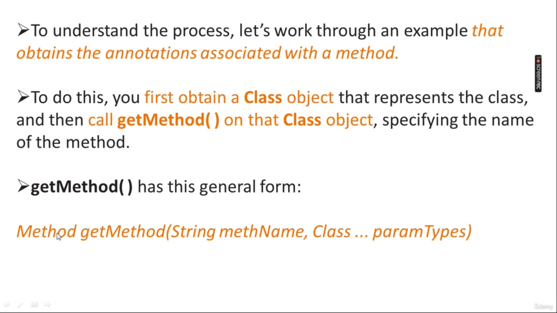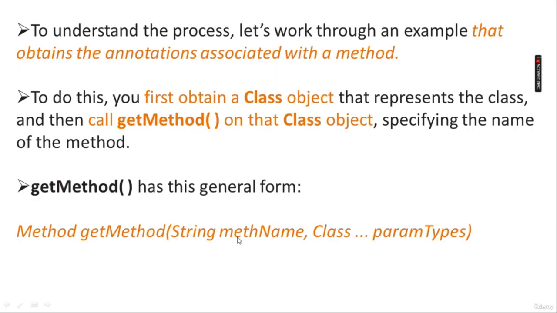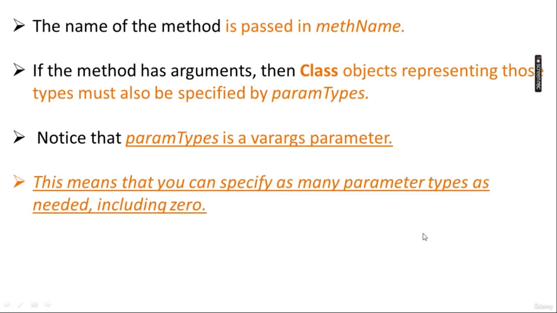Method getMethod, this will return you a Method. Then String methodName, Class... parameterTypes. The name of the method is passed in methodName. So whichever method's details you want to get, you will pass the method name, and you will pass the parameters over here. If the method has arguments, class objects representing those types must also be specified by parameterTypes.